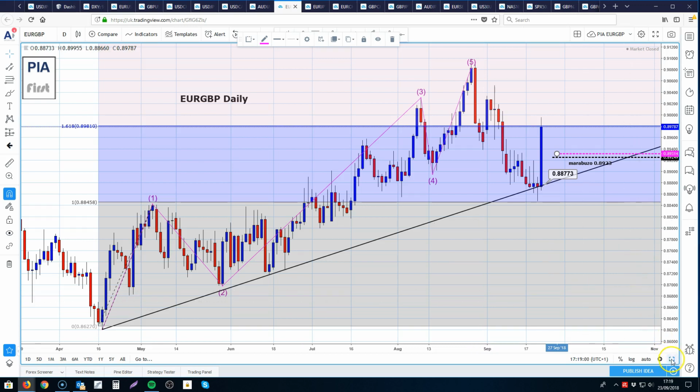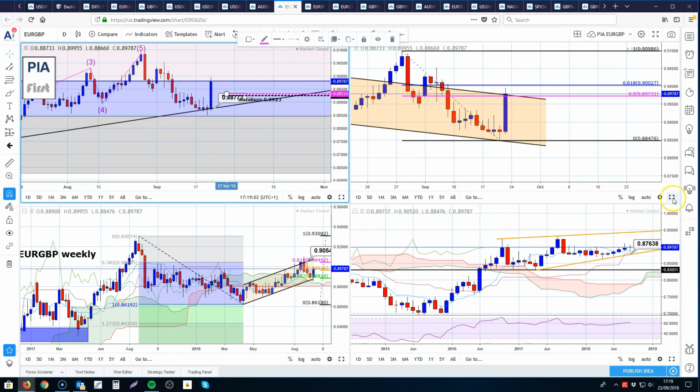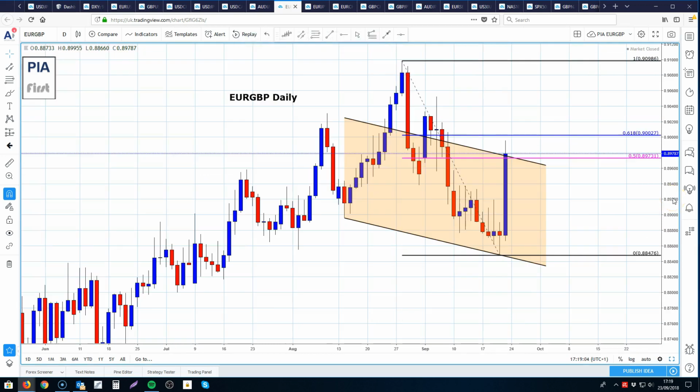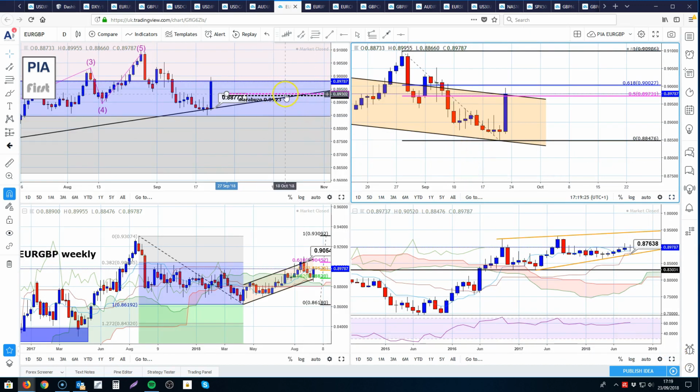But again, I'm not sure really if we're going to see a continuation of sterling losses and euro strength, as we've got the potential of a head and shoulders pattern. So the head here, left shoulder, right shoulder, and then neckline. But like I said, at the beginning of next week, we've got that sort of solid support, if you like, on Monday, around 89.31.